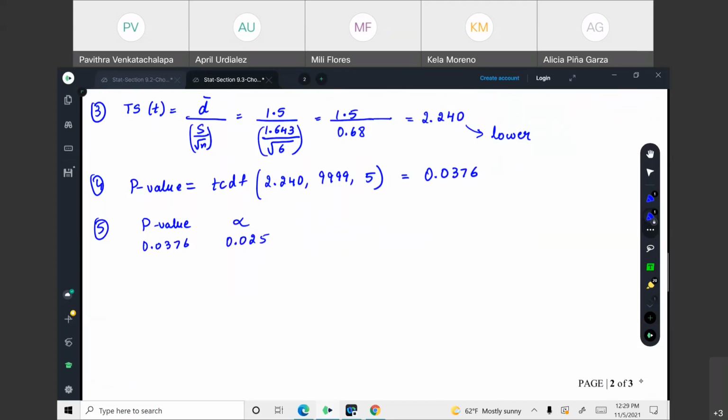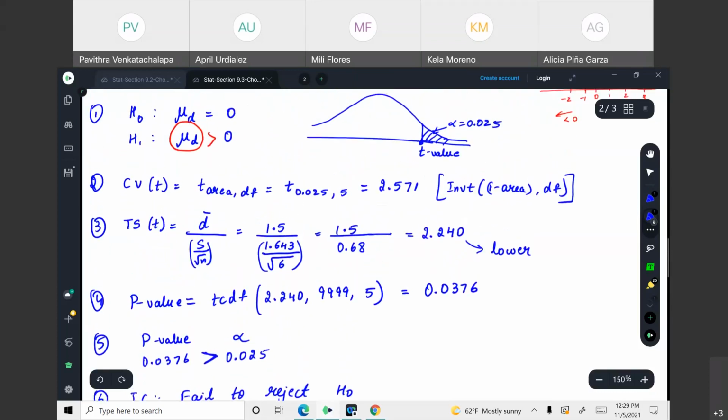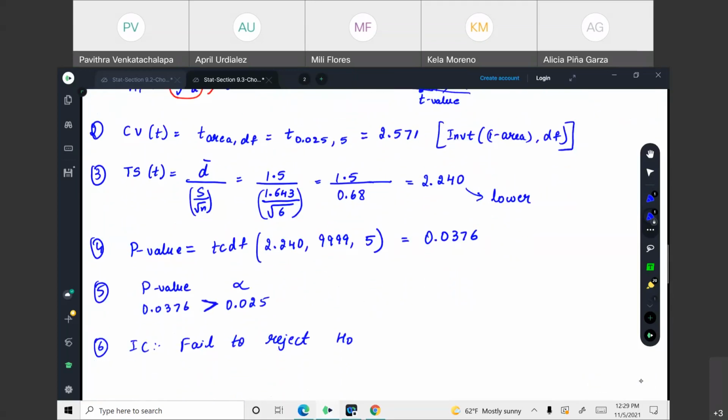So it is 0.01 difference. So it is greater than. Okay. Now p-value is greater than alpha. So your initial conclusion has to be fail to reject H naught. Okay. So this is how you have to do.